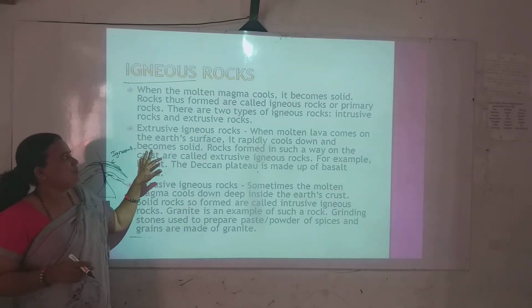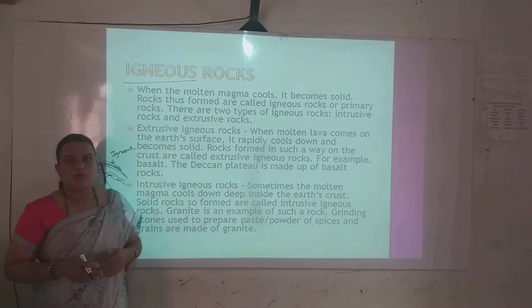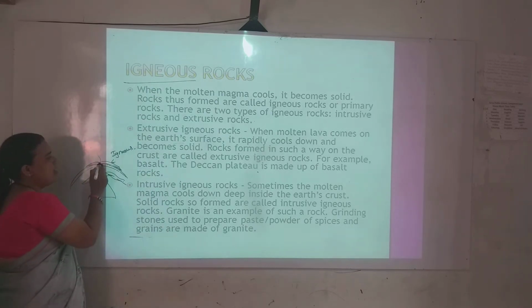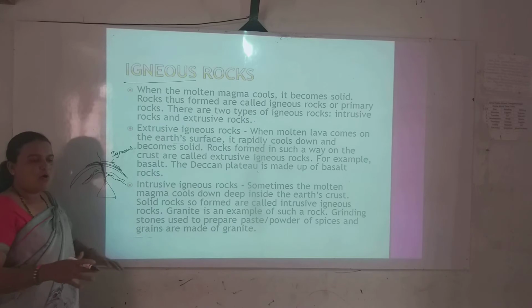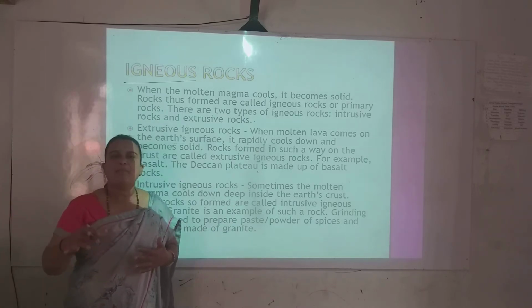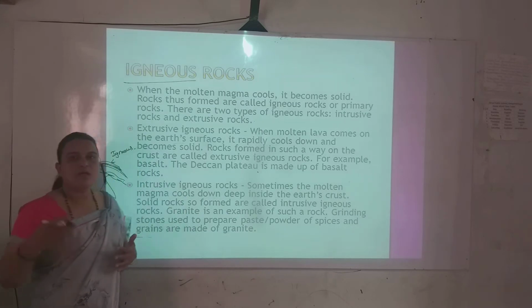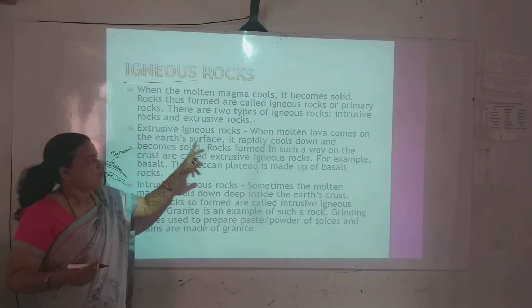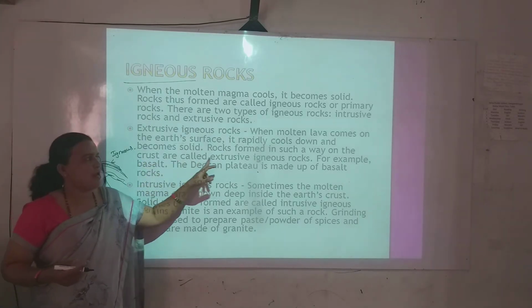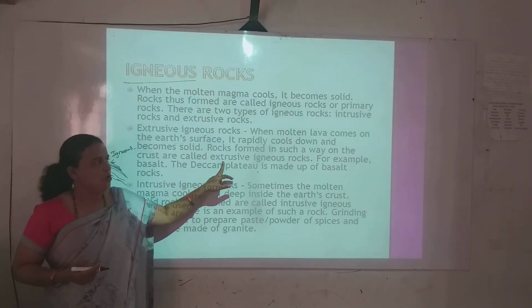It rapidly cools down and becomes solid because of contact with air. Rocks formed in such a way on the crust are called extrusive igneous rocks.